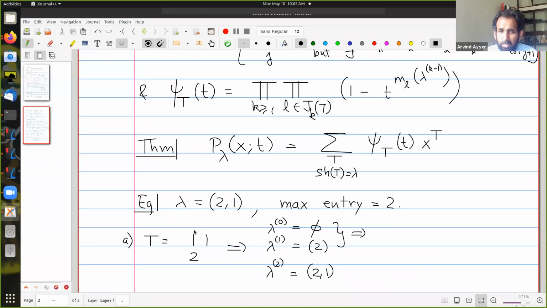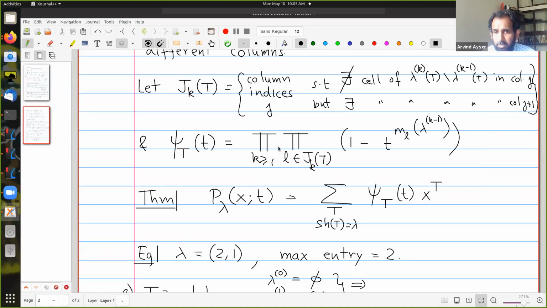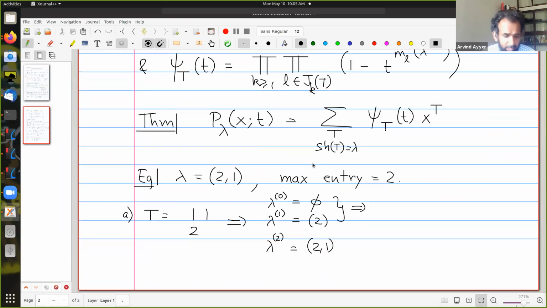But that does not happen in this case, because in column 1 there is a cell, in column 2 there is a cell, and in column 3 there is no cell. The only column index for which it would happen is 0, but that's not allowed. So this product is the empty product for k equals 1, so this gives 1.